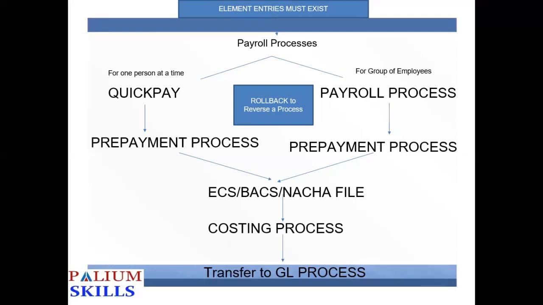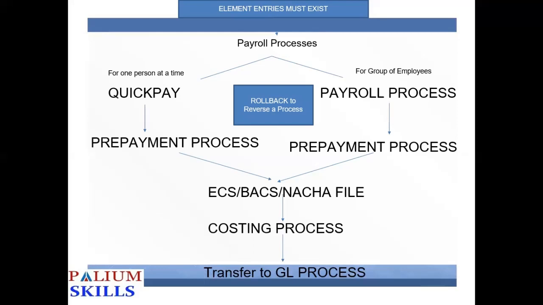Whenever you run a series of processes, you can always roll back a payroll process, a prepayment process, or a costing process. But before you roll back any process, you must ensure there are no future dated processes or incomplete future processes. If there is an incomplete process, the system will not allow you to roll back.